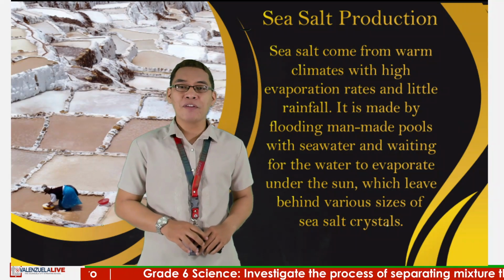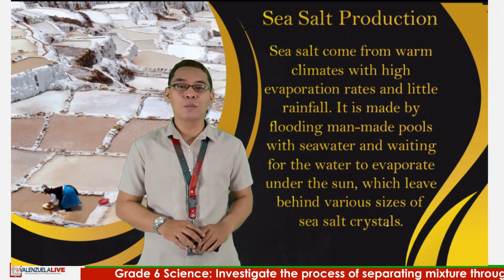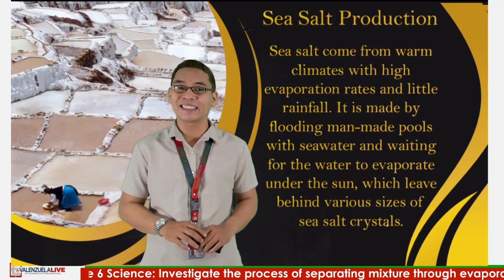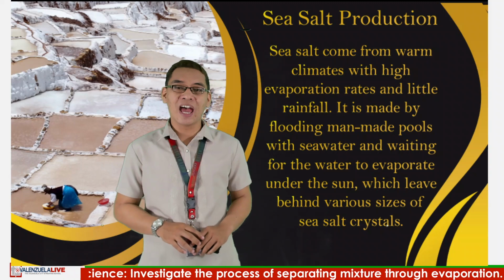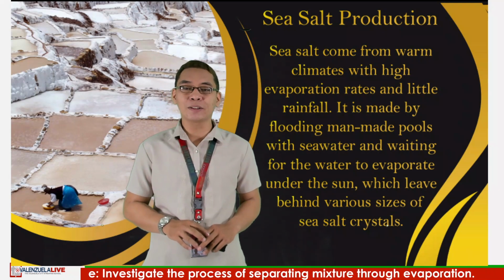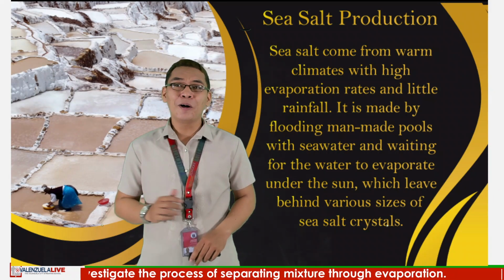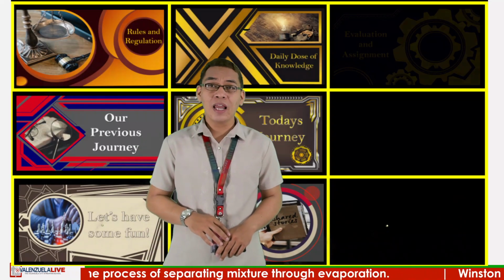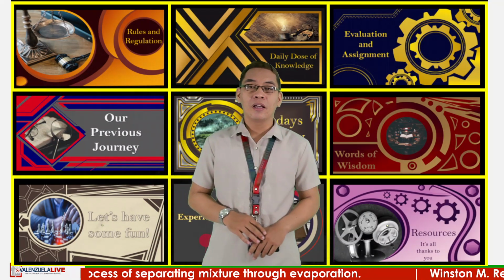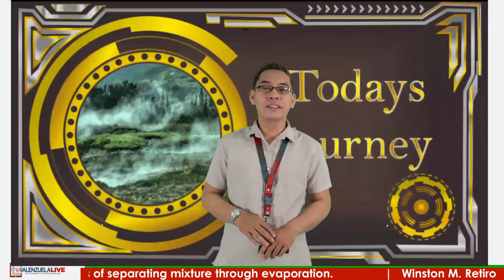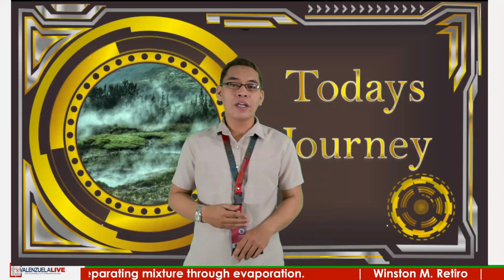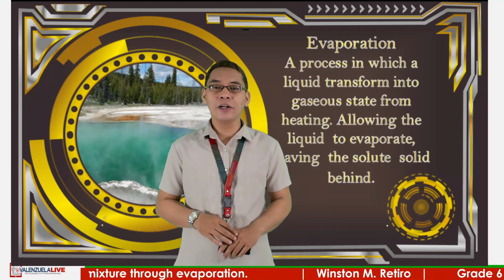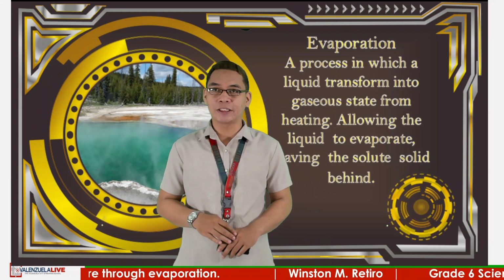It is made by flooding man-made pools with seawater and waiting for the water to evaporate under the sun, which leaves behind various sizes of sea salt crystals. Oh, what a nice trivia, kids!